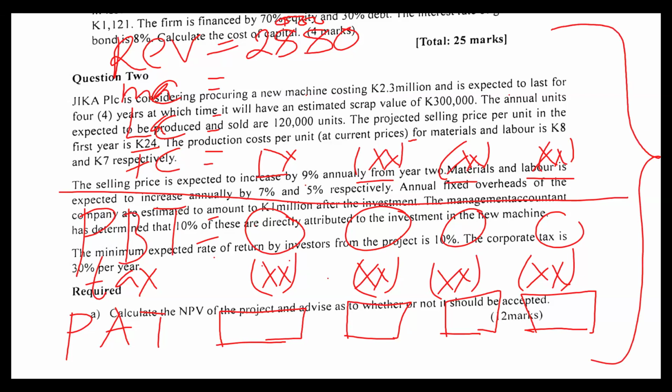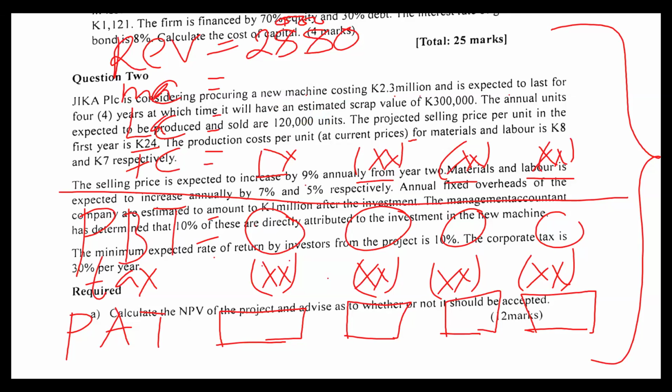From accounting, you learned that you need revenue, then you deduct the costs, and what you remain with is the profit after tax. Then that profit after tax is what you are going to use as the cash flows. So to establish the revenue, you just multiply the selling price, which is given in the question as 24, times the number of units produced and sold, 120,000. That's the answer.